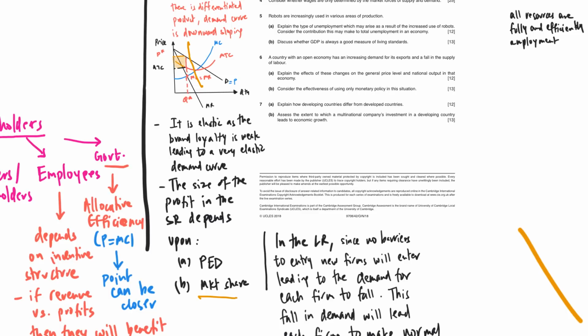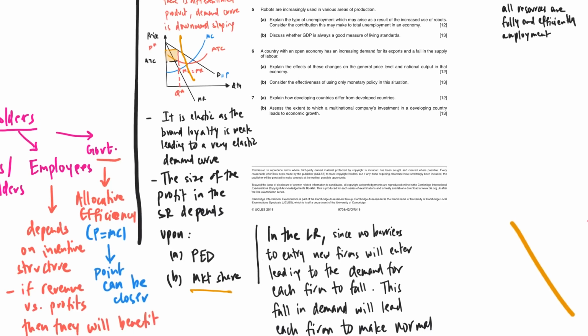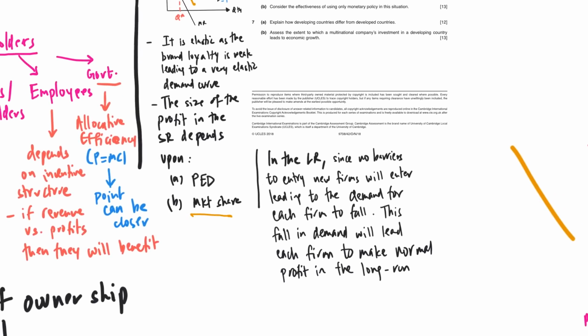Similarly, if there's a larger market share, the demand curve may extend to the right, causing supernormal profit. So not only elasticity but also market share will determine the profit, which ultimately determines the position of the demand curve.